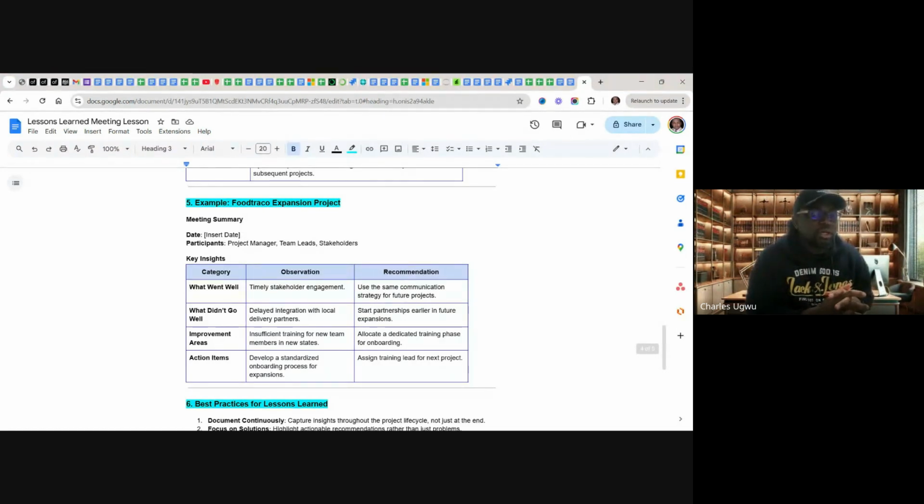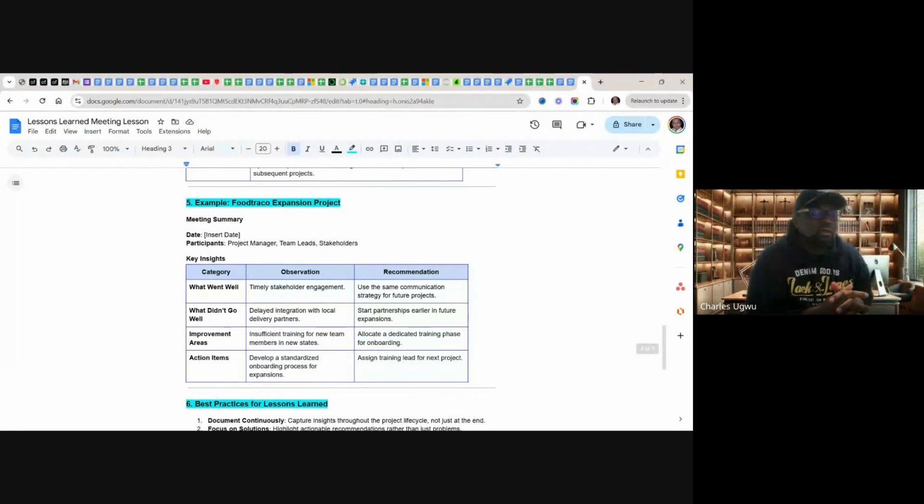In similar projects, start partnership earlier in future expansions. Improvement area: insufficient training for new team members in new states. And a recommendation: allocate a dedicated training phase for onboarding, and action items: develop a standardized onboarding process for expansion.